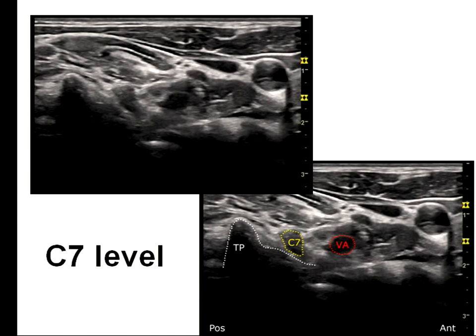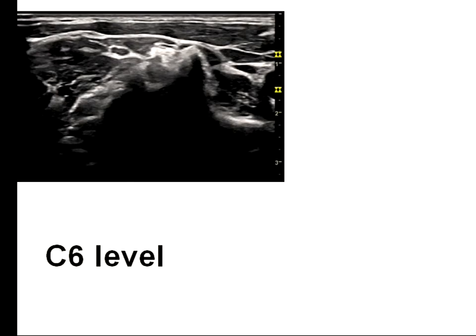So this is a typical C7. This is medial or anterior, and this is lateral or posterior. No bony structure here. The vertebral artery is exposed, the nerve root, and the sharp transverse process with one tubercle. It's the transverse process with a posterior tubercle, no anterior tubercle. This is different when you start to scan up; you will see this coming into the picture.